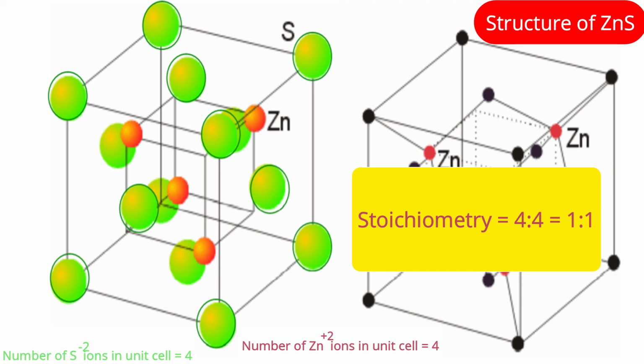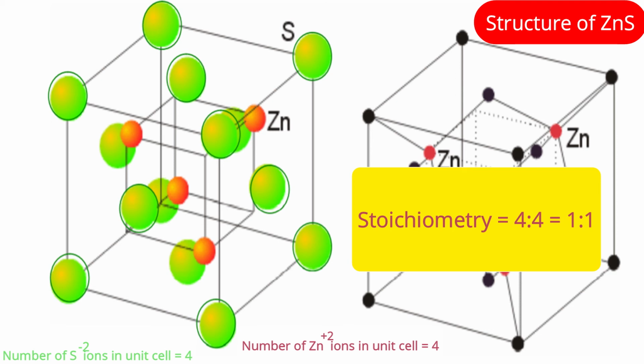So what is the question asked by Poonam? Why are only half of the tetrahedral voids filled? Because if all are filled, then the stoichiometry will be 2 is to 1. But the compound is zinc sulfide. Ionic charges are balanced. Then ions will arrange themselves in such a way that there will be minimum repulsion. So zinc ions are arranging in such a way as to occupy alternate corners of the cube.